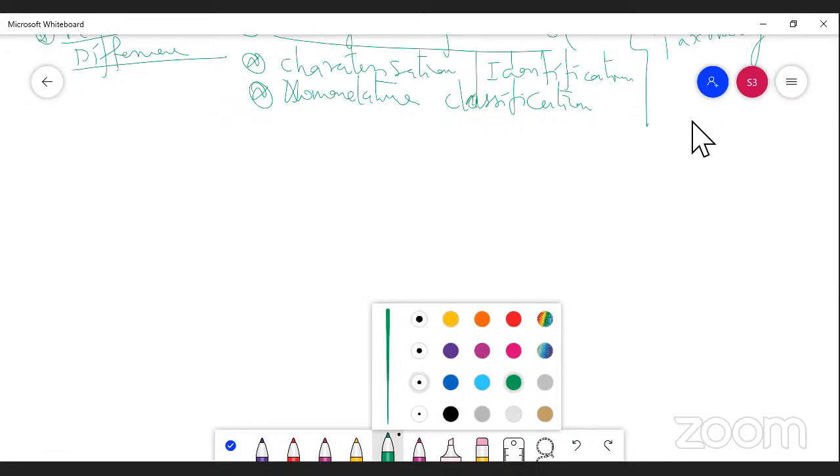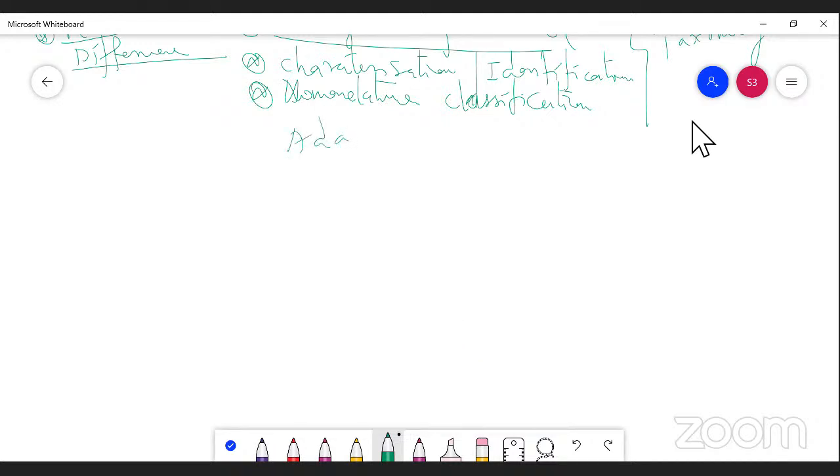One more point. Evolution process means, for example, we are taking the aquatic organism adapted. From the water develops the amphibian.